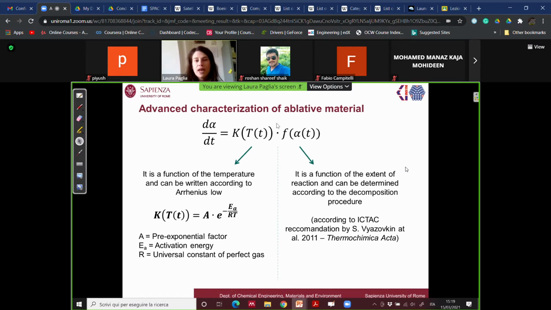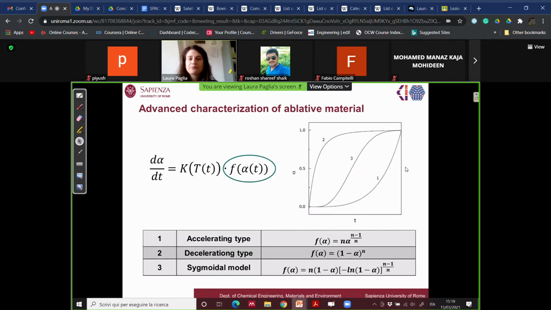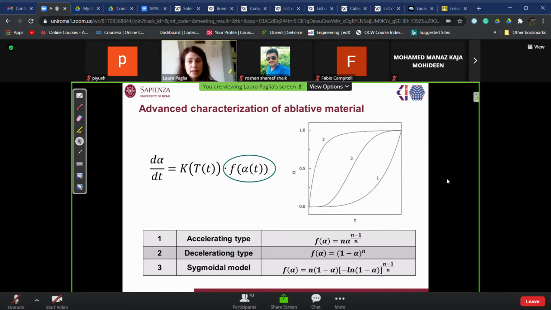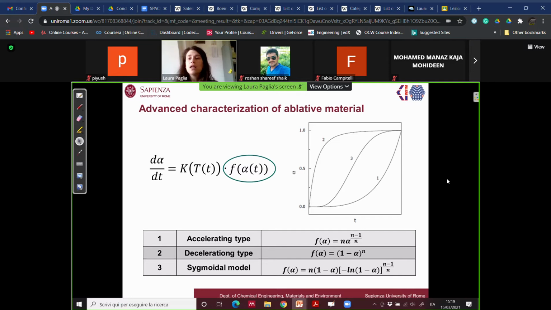We have this function f, which is a function of alpha, the extent of reaction. This function could be of different kinds, okay? In particular, there are three different shapes of alpha, for which we have to choose a different value of f. In particular, we can have an accelerating kind of reaction.